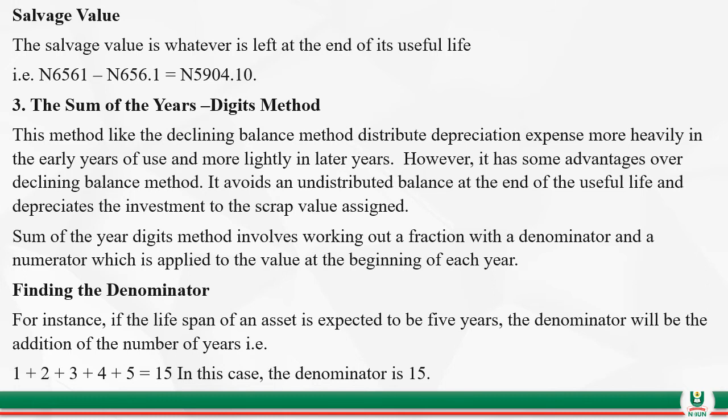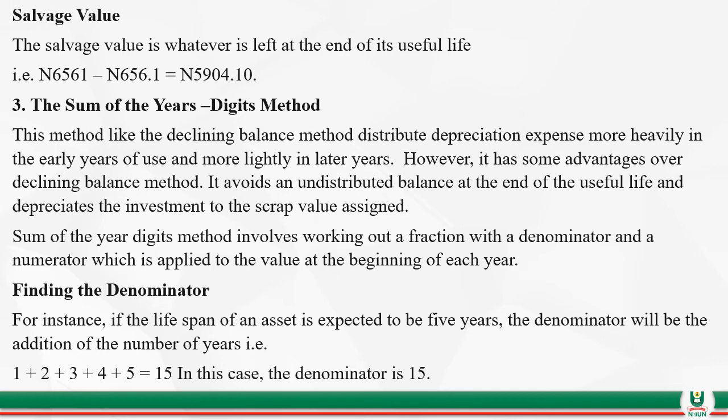Finding the denominator: for instance, if the lifespan of an asset is expected to be 5 years, then the denominator will be the addition of the number of years, that is 1 plus 2 plus 3 plus 4 plus 5, which gives you 15. In this case, the denominator is 15.